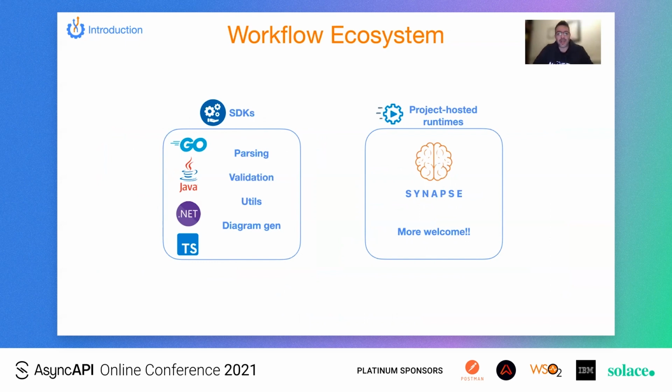These SDKs can help you, whether you're just a developer or you're building a runtime for our DSL. They provide things like parsing and validation, both schema and object type validation, that can also be extended to fit your needs. We provide a set of utility methods, especially if you're developing runtimes, that will really help you avoid writing custom parsing logic and things like that.